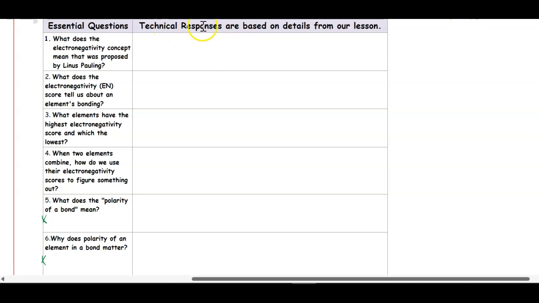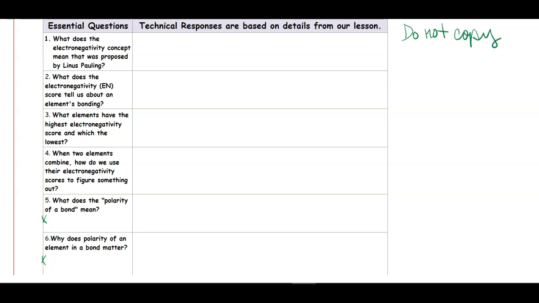And I want technical responses that are based on the details from our lesson. I don't want you looking up on Google because Google won't use the words I used. It will describe it in a different way. If I don't recognize the way you're describing it, I'll think you're copying from Google. So you definitely don't want to do that. So let's just put do not copy from Google because I recognize it.